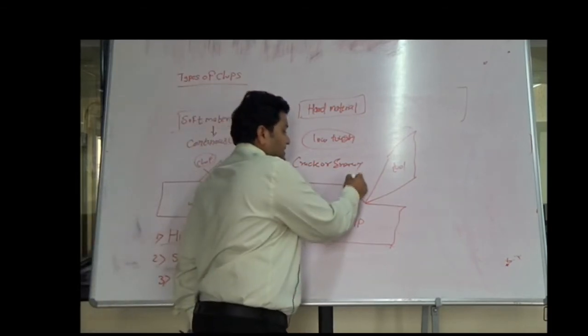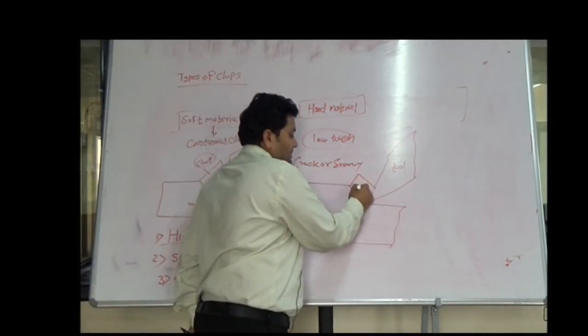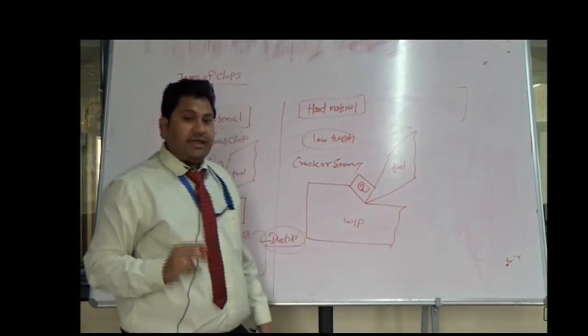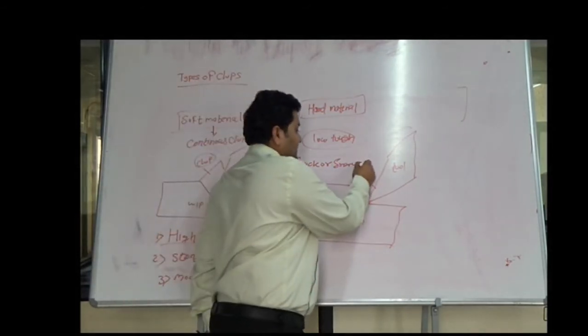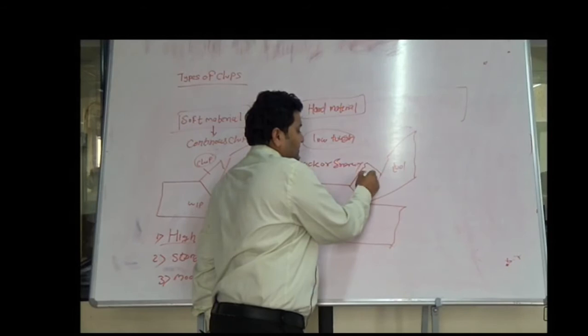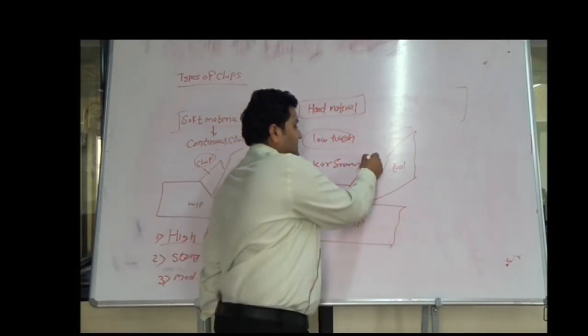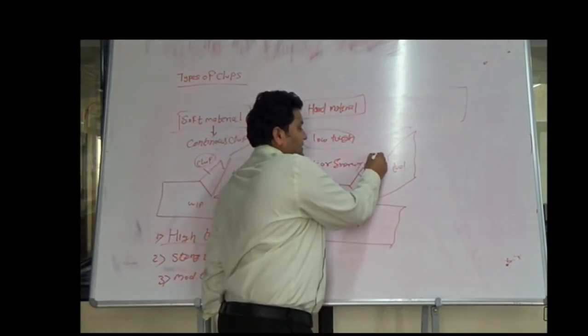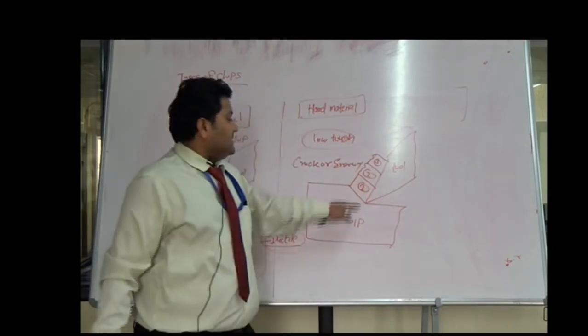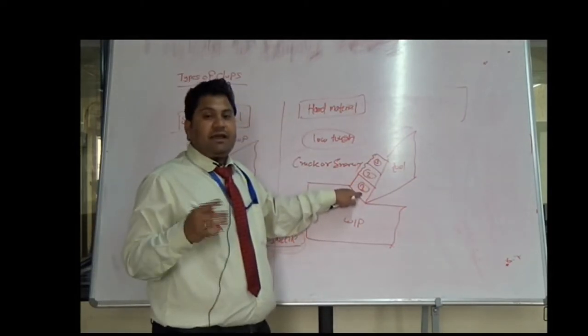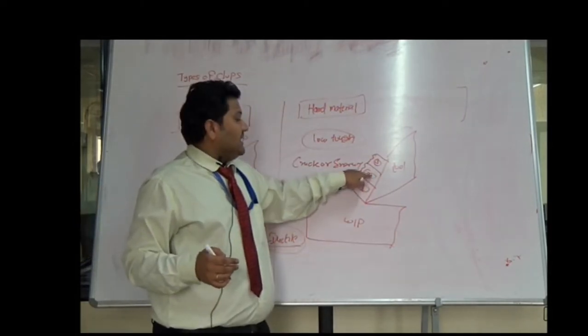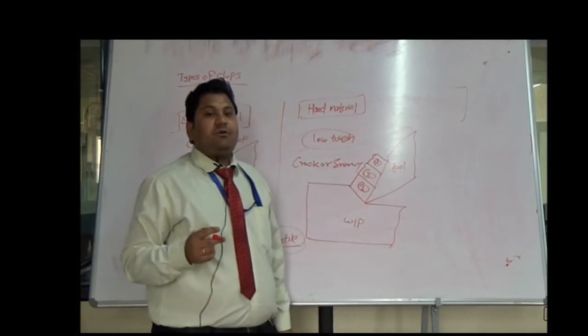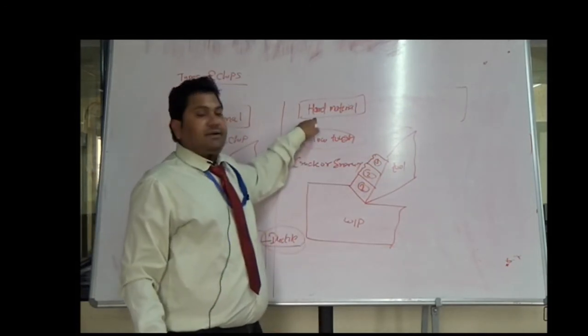Suppose at the first step a chip will be formed, again at the second a second chip will be formed, and at the third a third chip will be formed. The chip is formed in a discontinuous manner, first, second and third, because of the properties of the hard material.